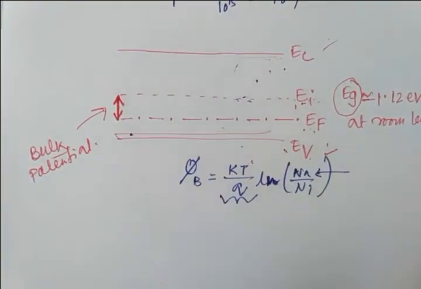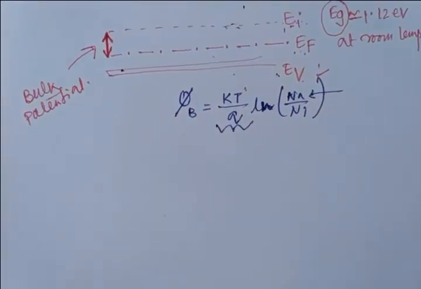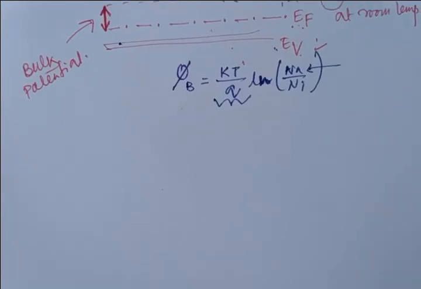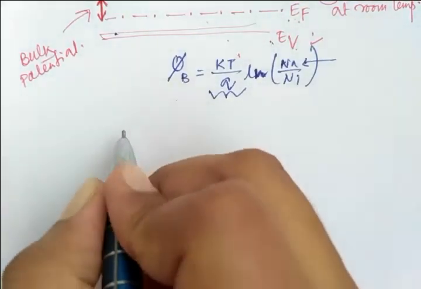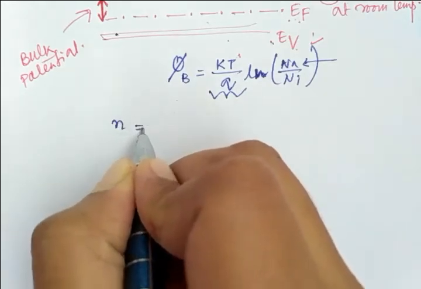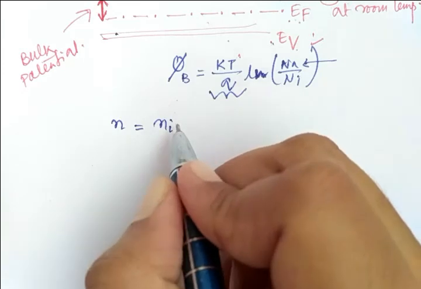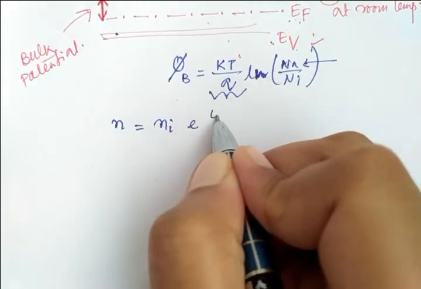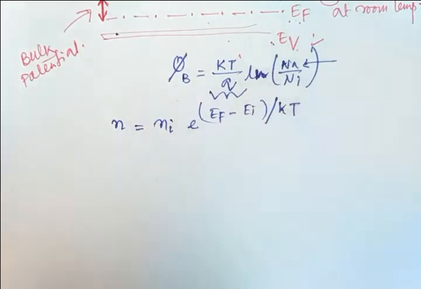So that's why there is no difference between EI and EF. Coming to another important mathematical formula that I think you all know: how we can calculate the electron concentration, because we need that parameter. The electron concentration is denoted by n, and you should be able to recall that n equals ni e to the power (EF minus EI) divided by kT.